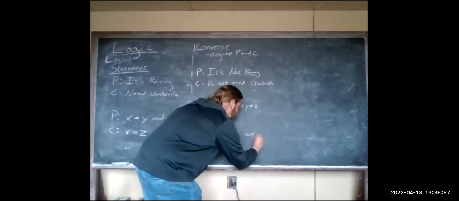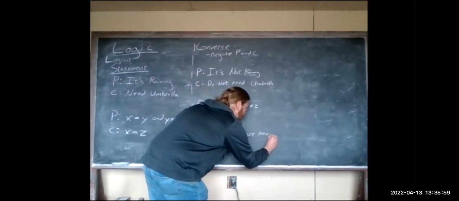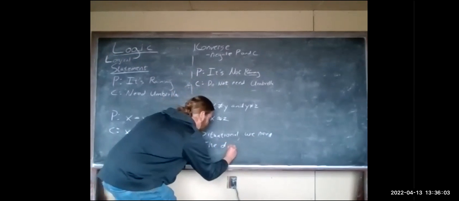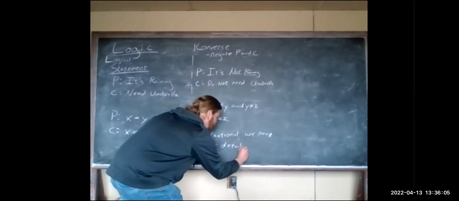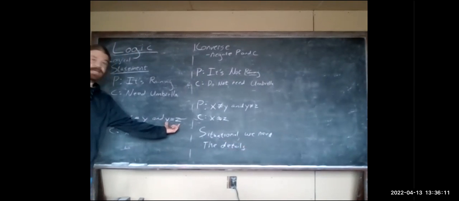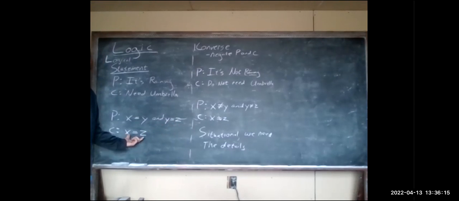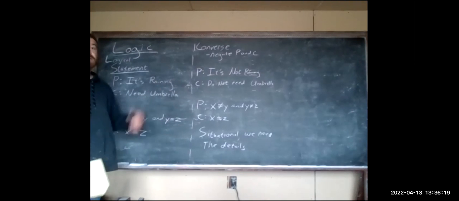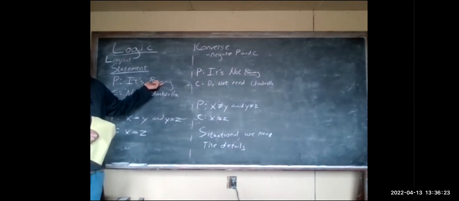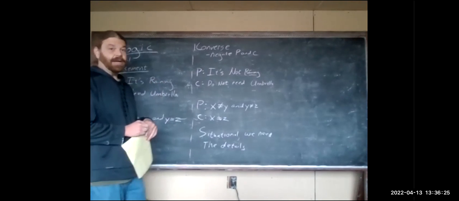And that we need the details. We can't just generalize our statement like we could over here where these two things are equal and these two things are equal. Then we don't have to take our third measurement. We know those two things have to be equal because equality translates through. Or here, if it's pouring rain and we don't have an umbrella in hand, we're going to get wet.